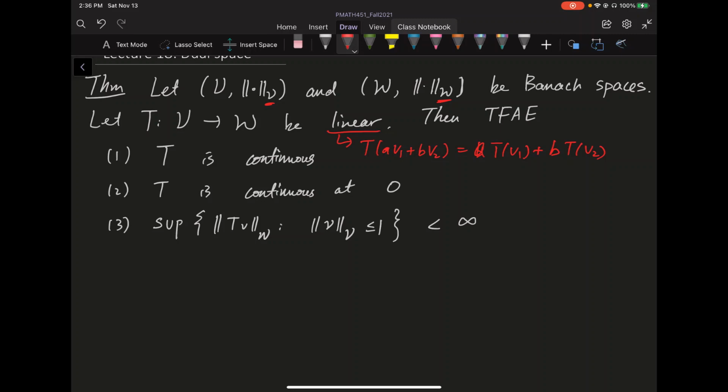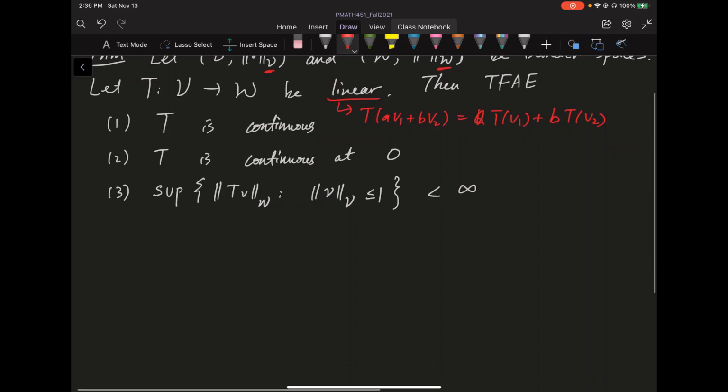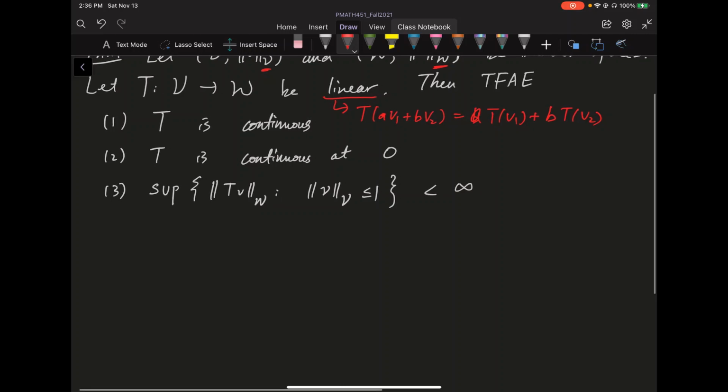And in fact, it's also equivalent to the following: if I evaluate this map on some vector v where the norm of v is bounded above by 1, so you can think about evaluating the unit ball of the V space by this linear map, then what you get is bounded. The norm of T of v is going to be bounded above by some constant less than infinity.